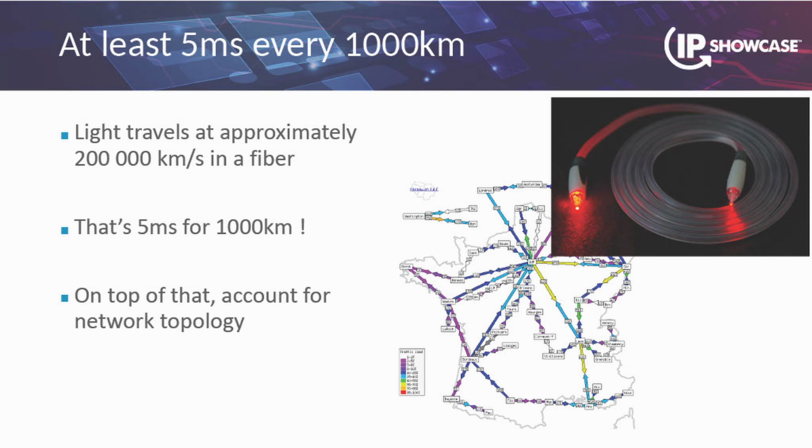Okay, but you also have the network topology. The size of the network is not really the flying path from point A to point B, and you may need to go around, depending on the topology of the network you're using. So for instance, in France, we have a white spot that is not interconnected, and sometimes you need to go from Bordeaux to Lyon, you have to go through Paris.